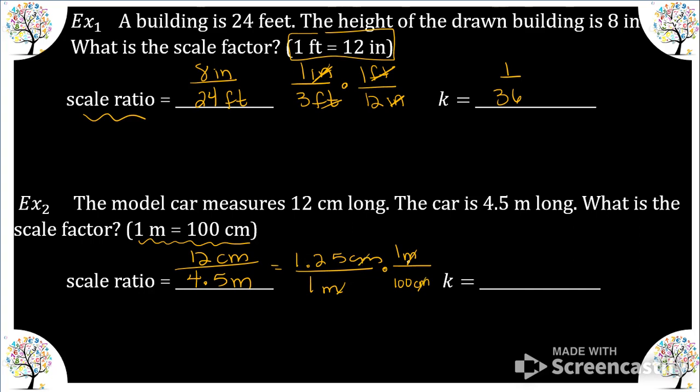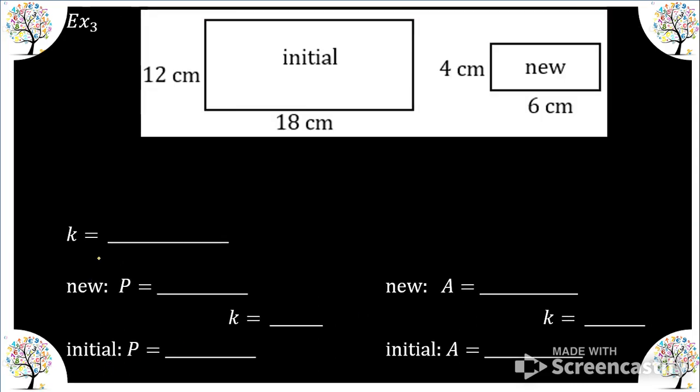We're going to multiply straight across and divide, and our model car is 0.0125 times smaller than the actual car. That is the scale factor. So we created a scale ratio, we simplified, we used a conversion ratio here to get rid of the units because scale factor does not use units.